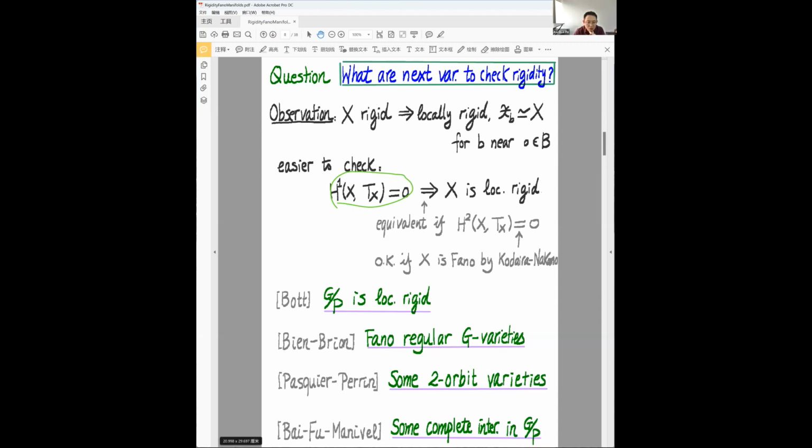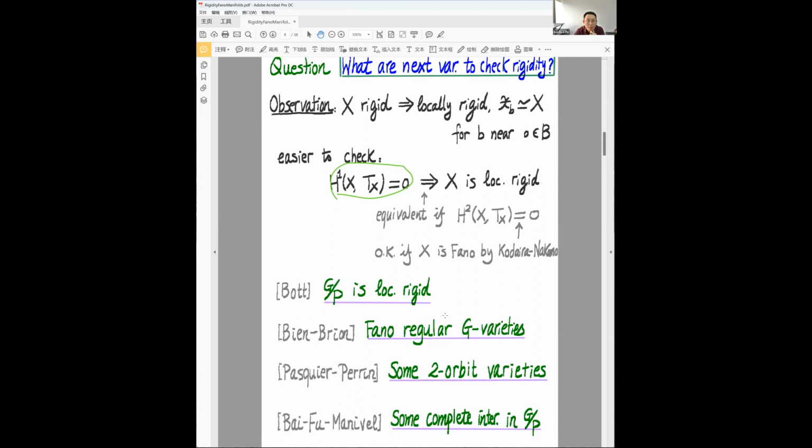And then myself with Bai Chenyu and Manuel, we have a classification of complete intersections which are Fano or in G/P, which are locally rigid. So the next step is, for example, to try to show the rigidity of G/P or other such varieties.